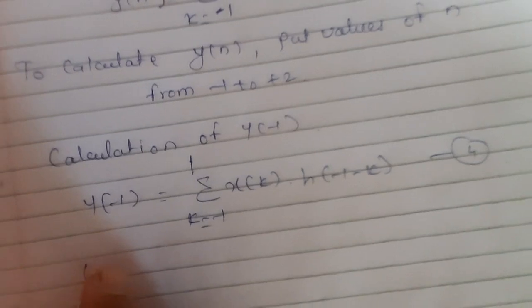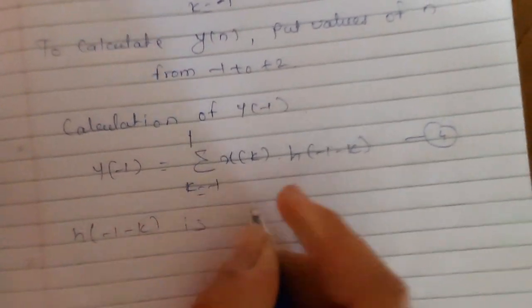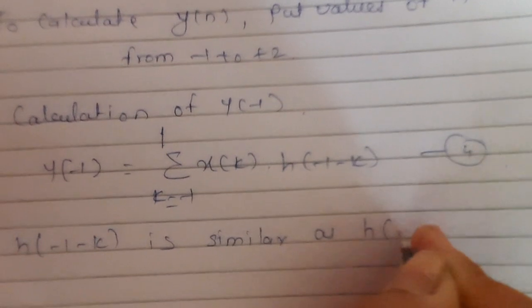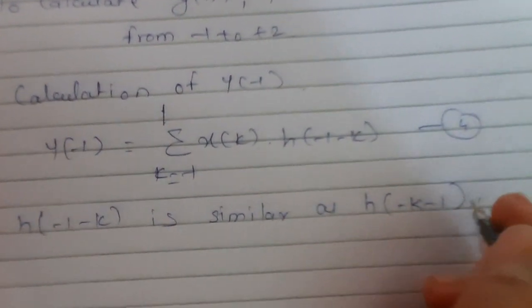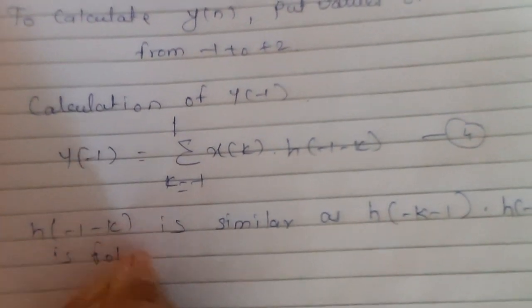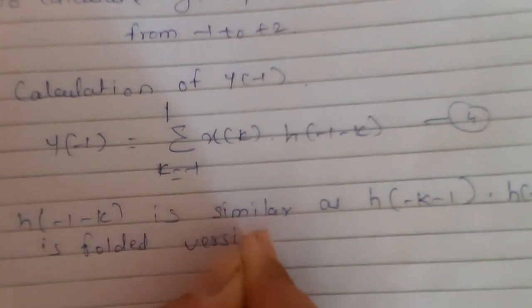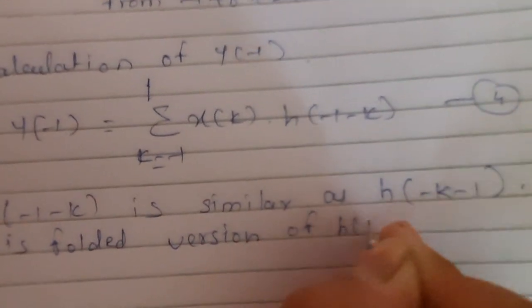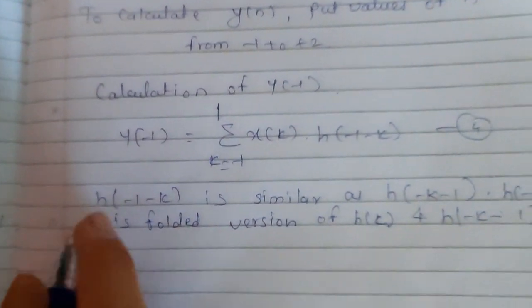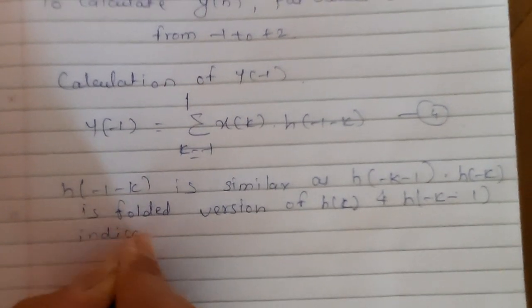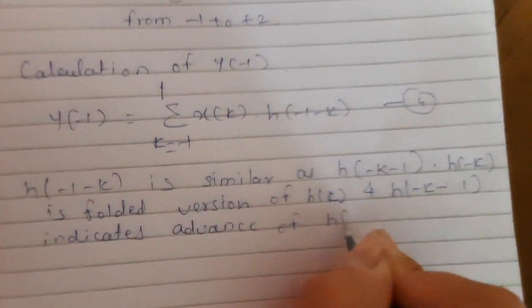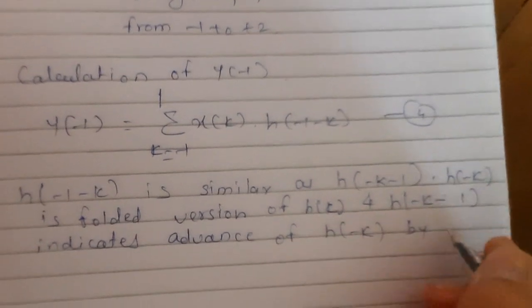Now here h of minus 1 minus k is similar to h of minus k minus 1, where h of minus k is the folded version of h of k, and h of minus k minus 1 indicates advance of h of minus k by one sample.